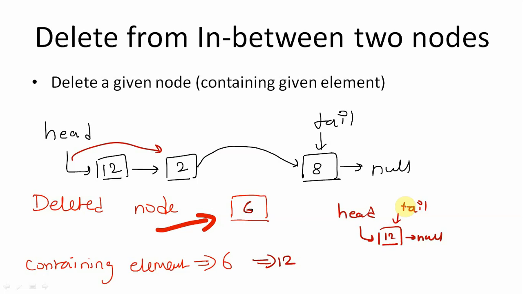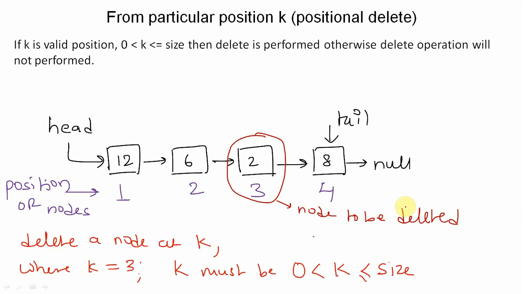Again the same thing. I have to track the reference of the previous node and update the next pointer of the previous node. In kth position, we'll start counting and we'll stop at k minus 1, so we do not have to keep track of the previous; we just traverse from head to the previous node, because we know the position of the previous node.